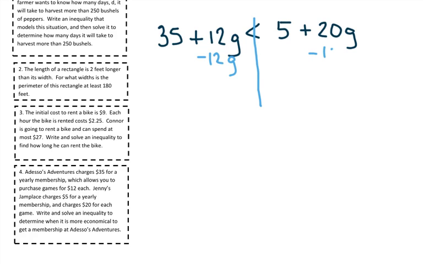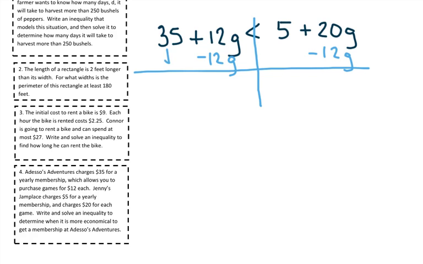At this point in my inequality, I have 4 choices. I can get rid of the 12g like I am. I could also subtract 20g. Another option is to subtract 5, and a fourth option is to subtract 35. So any of those choices will result in a mathematically sound solution.